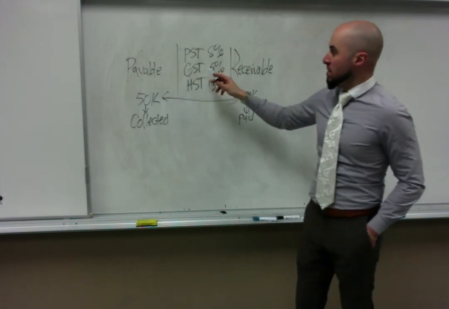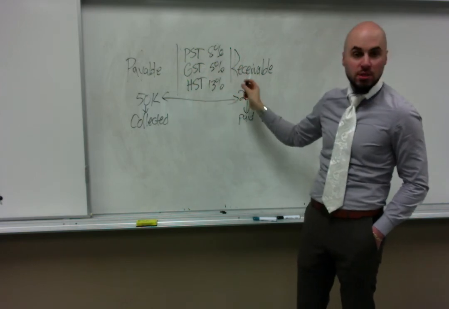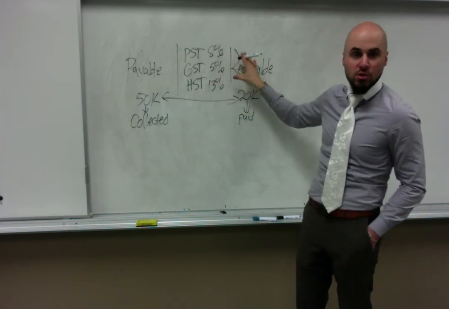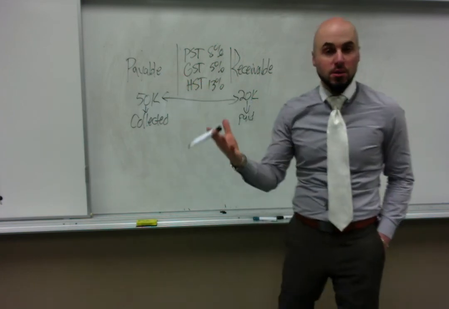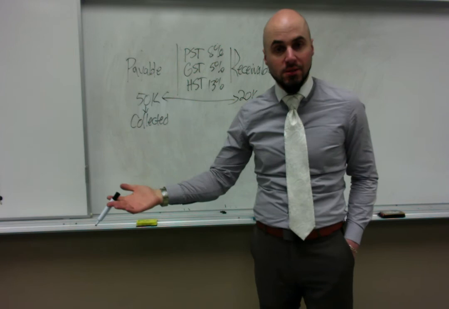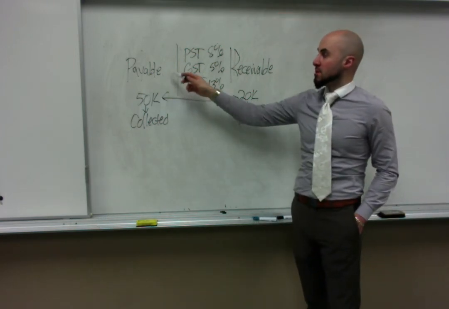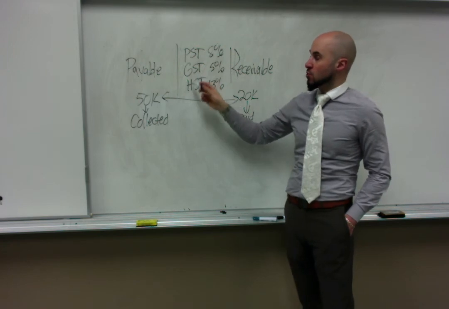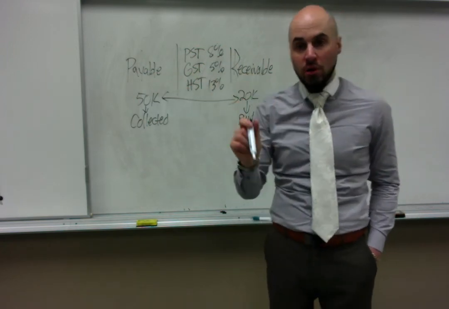Both of these, by the way, PST receivable, GST receivable, HST receivable, that's all essentially one account depending on which tax is applied, depending on what products are being sold. Some products are not even taxed, right? So these three also apply to payables. GST, PST, and HST are all payables as well.